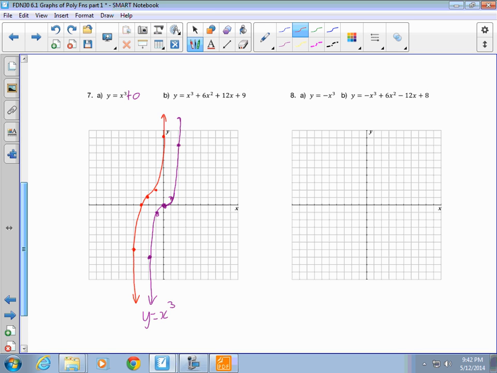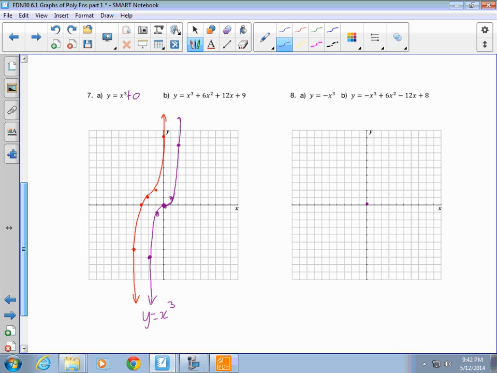Question number 8, for example 8, it's negative. So you notice that for both of these I have negative, so that means my graph is going to change behaviors. So instead of starting negative and going positive like it did in example 7, it's going to flip and start positive and go negative. So y is equal to negative x cubed.